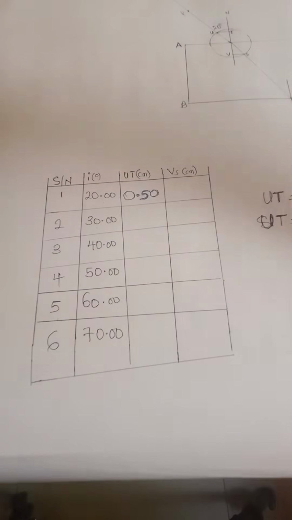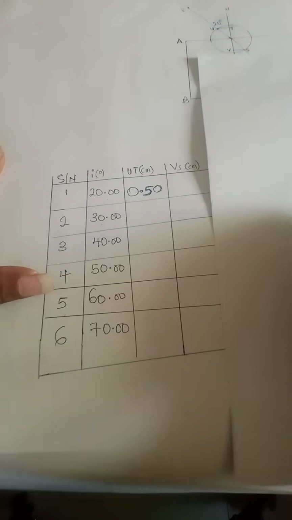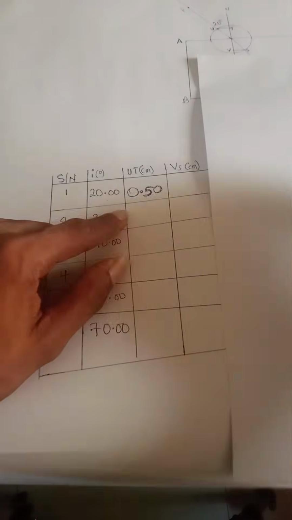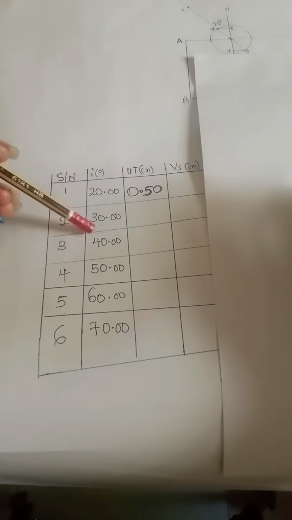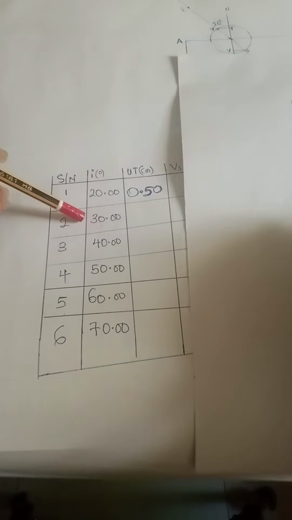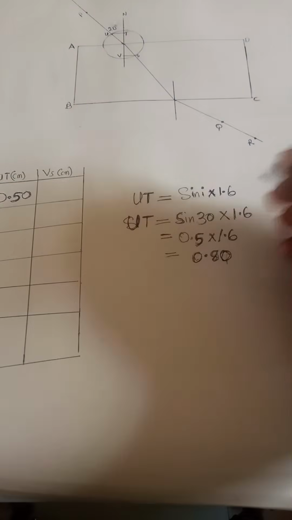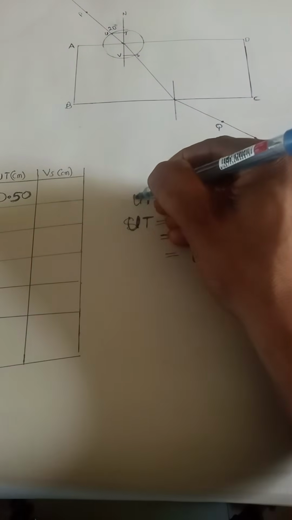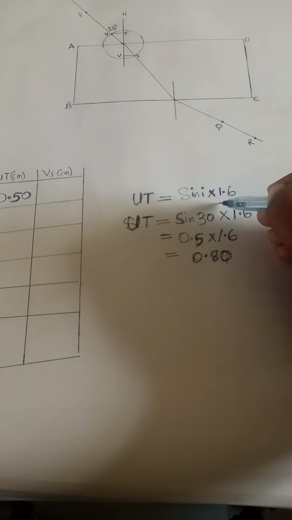So if my UT is 0.5, let's go and capture the next one, which is when the angle is 30 degrees. I will use the same formula: my UT is equal to sine I multiplied by 1.6.